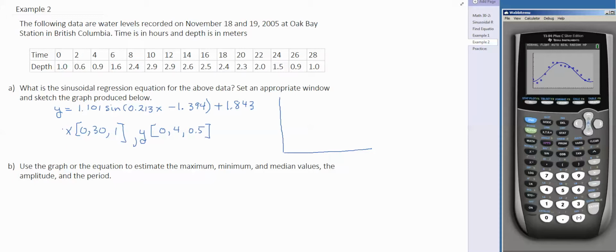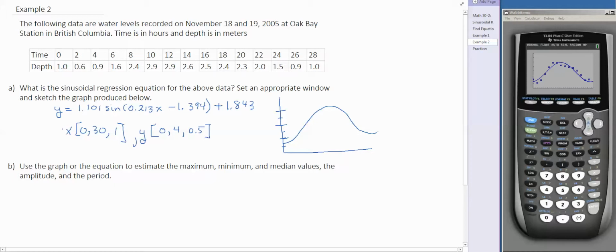So this is 0.5, this is 1, and I'm starting, and my maximum is about 2.9. So this is 1, 2, 3, and again it's going up and coming down like that.